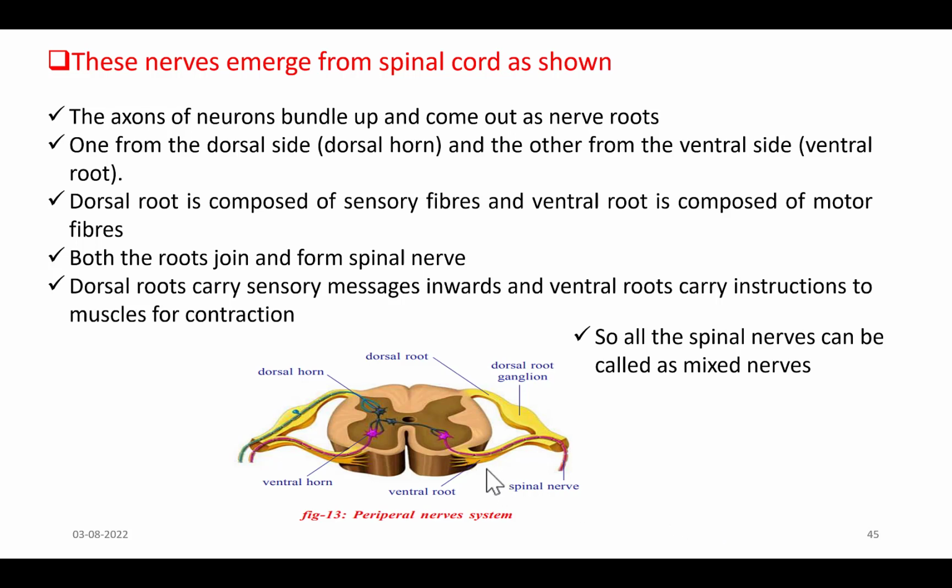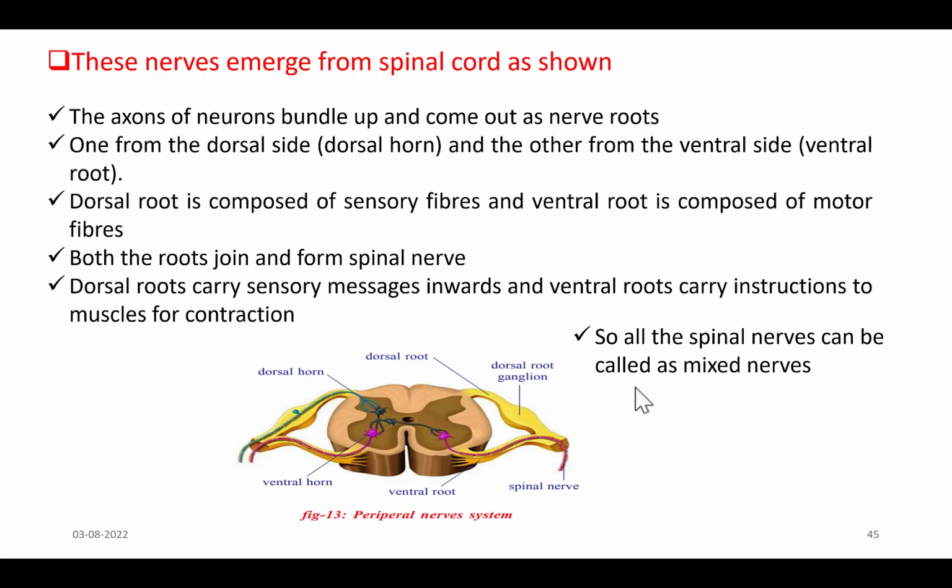And so where are motor nerves now? They are the ventral roots. So ventral roots are composed of motor fibers or motor axons. So ventral roots are called motor nerves, whereas dorsal roots are called sensory nerves. Dorsal roots carry sensory messages inwards, ventral roots carry instructions to the muscles outwards.